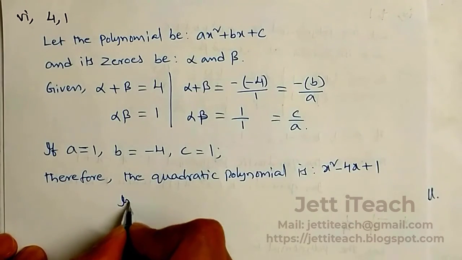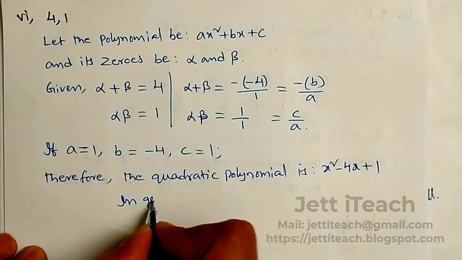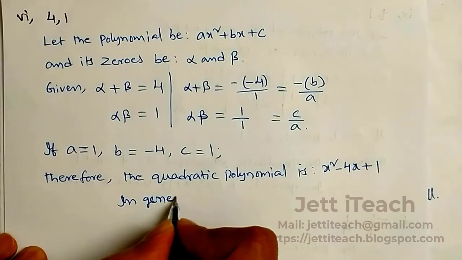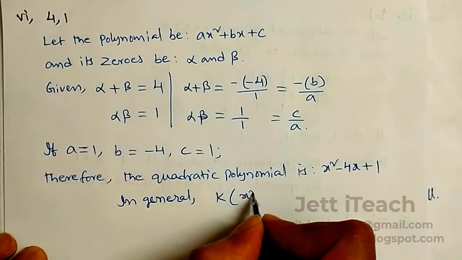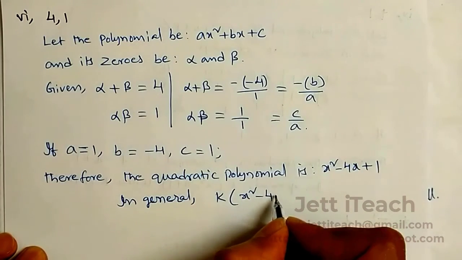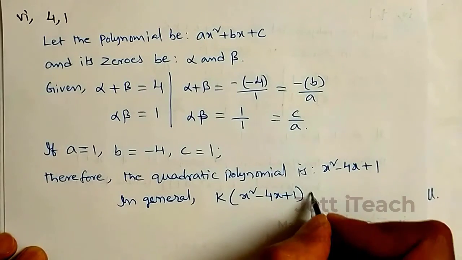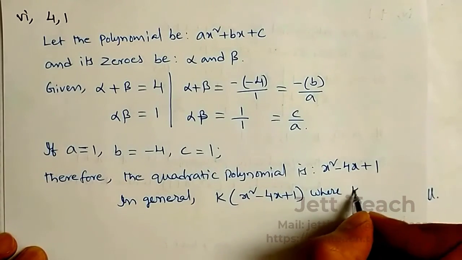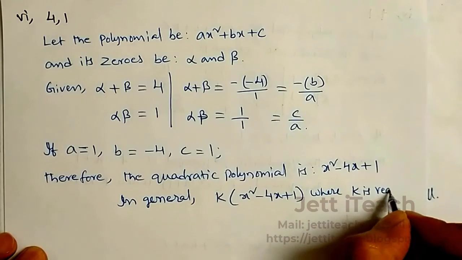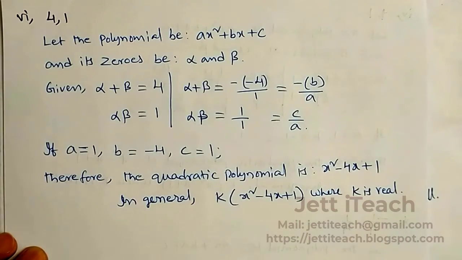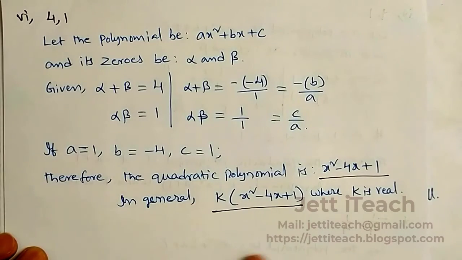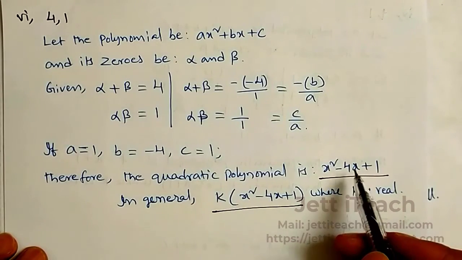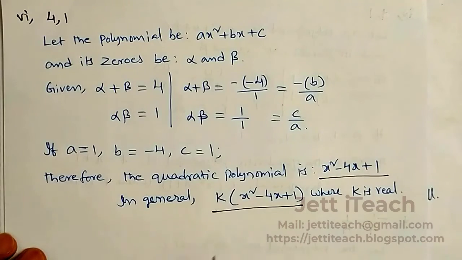So in general, you can write k of x square minus 4x plus 1, where k is real. If k is 1, you will get this polynomial. If k is 2, you will get a different polynomial.